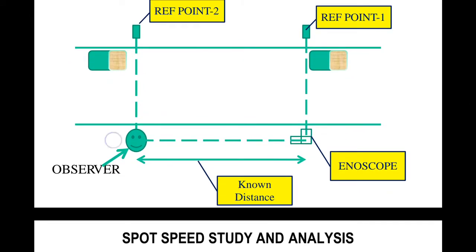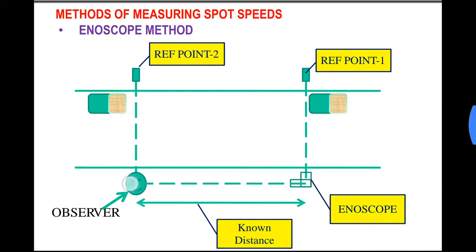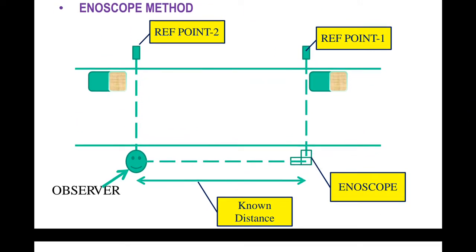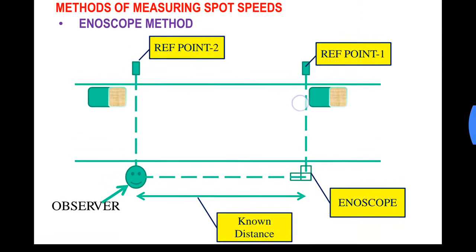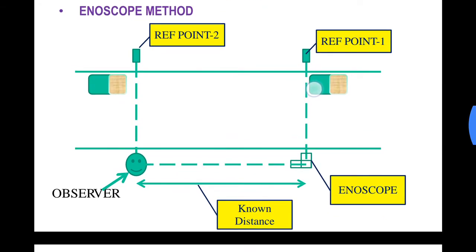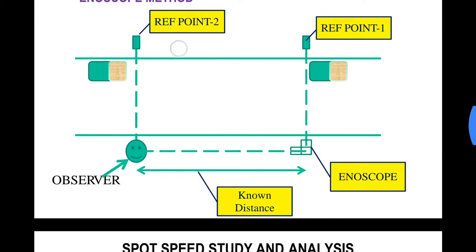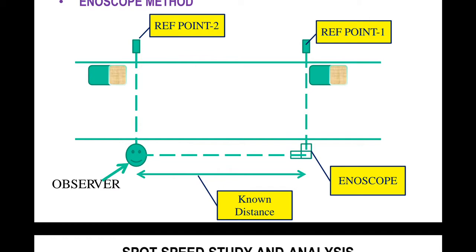So if the surveyor is placed at this point, he can observe the vehicle without any parallax error at reference points 1 and 2. Everything else is the same procedure. The distance would be placed according to the average speeds. Two reference points would be marked, and the time taken for a vehicle to cross reference point 1 and point 2 would be noted.